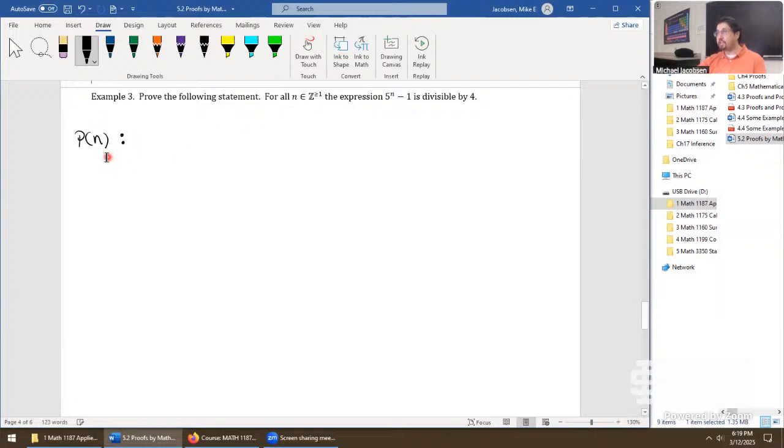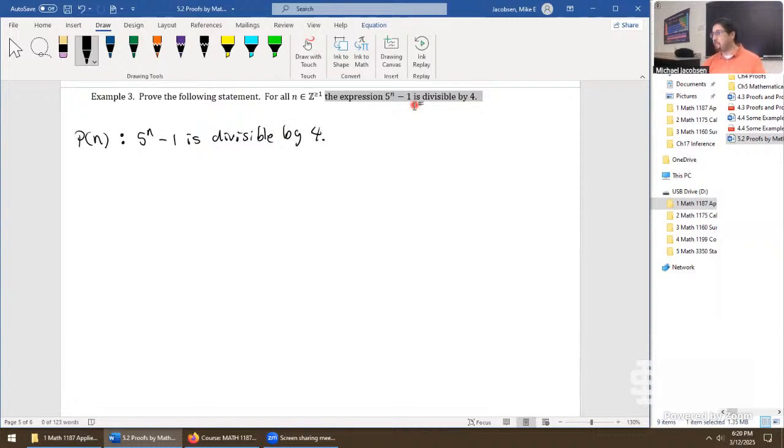A predicate function is only going to output either the Boolean true or false, but that true or false is based off a statement we put here, which would just be informed by 5 to the power n minus 1 is divisible by 4.